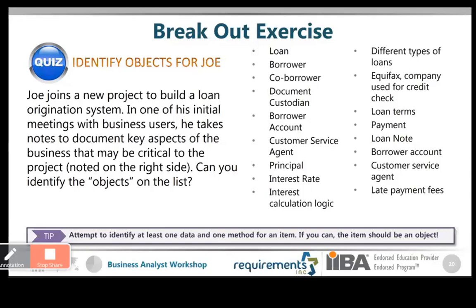Think if this is an exercise, late payment fees paid. If the term was late payment fees paid, then would it be an object? No, that still belongs to the loan, right? Then how come payment is an object? Very good point.